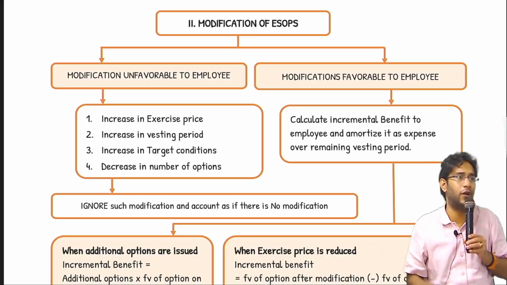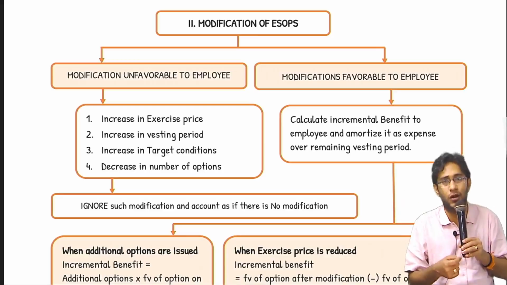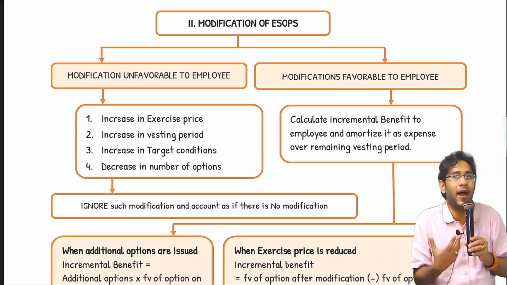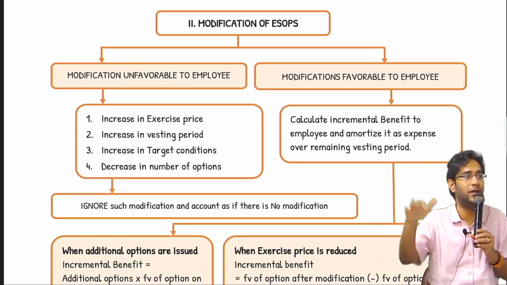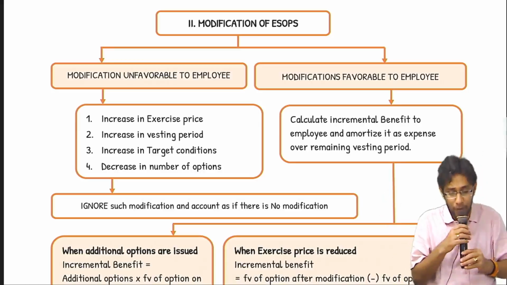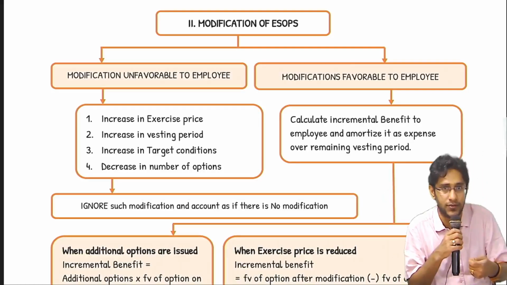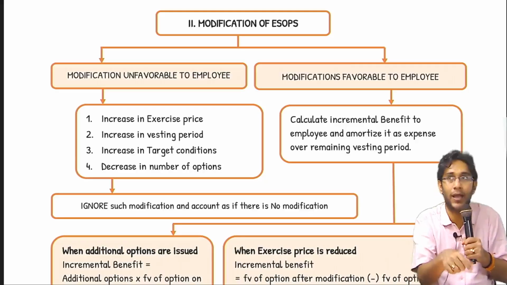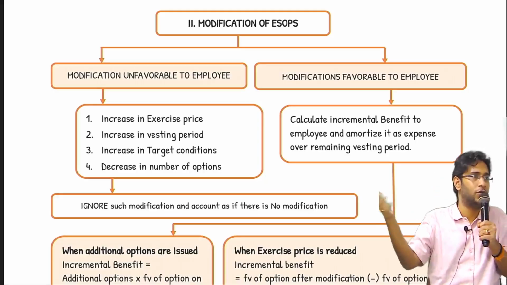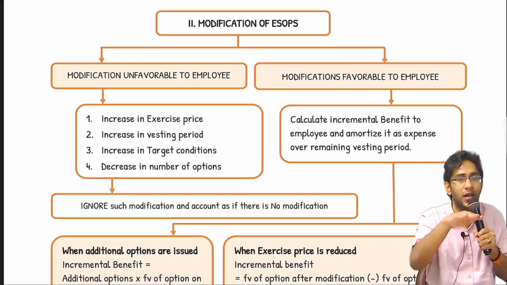Anyway, share value is falling down. Of course, the exercise price is still lower, but the charm it had at the time of grant is lost now because share price in the market is falling down. So if the employee is no more interested in the options, then he will not continue with our company. To make him happy, I cannot increase the market price, no. So what companies do is they will reduce the exercise price.